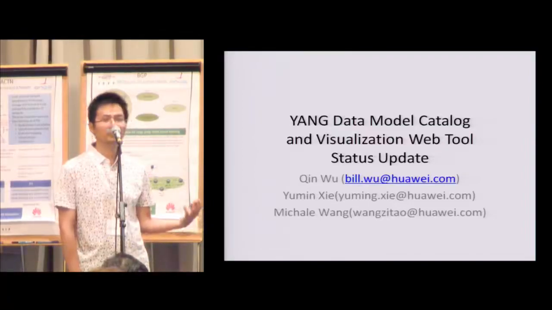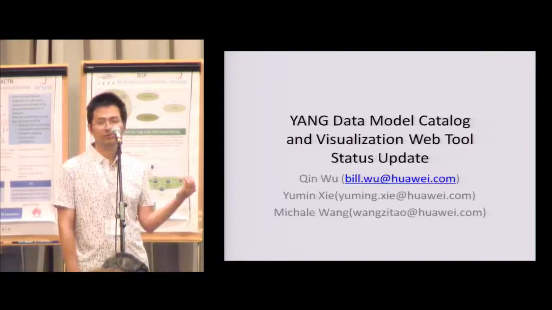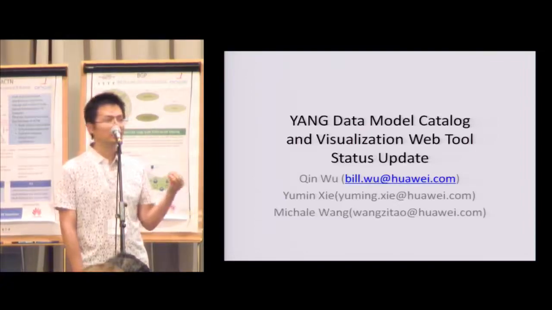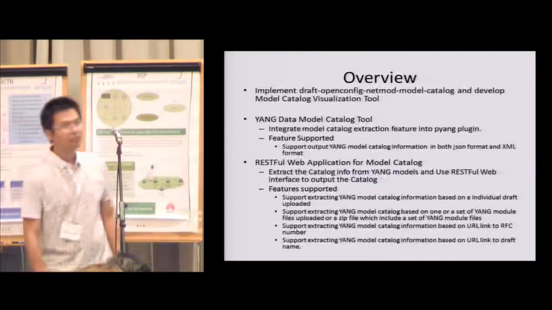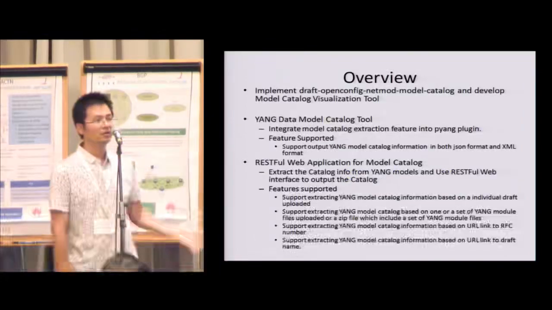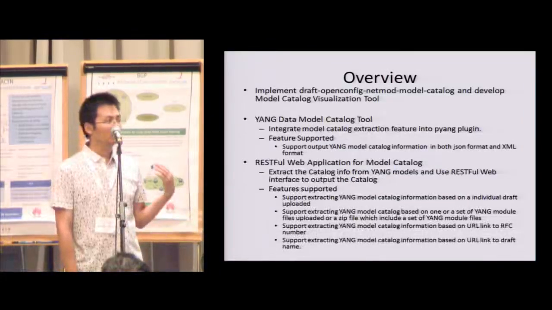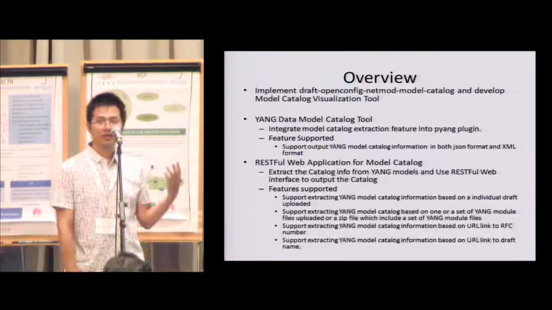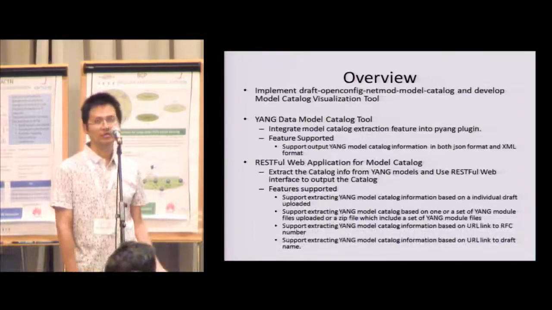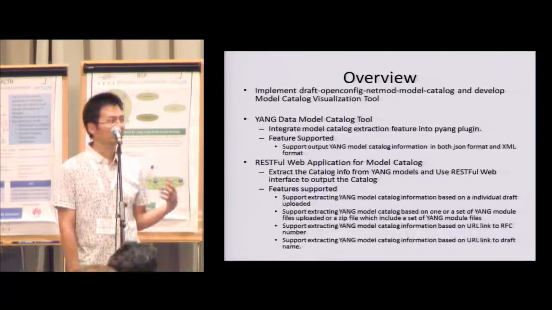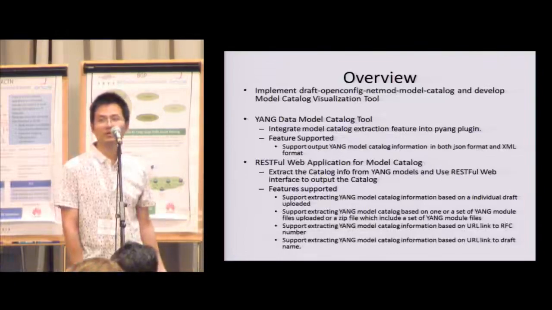This is basic information we can extract from the Yang model. We can figure out how this catalog information can help us link these Yang models together. We extract the catalog information from the Yang model, and we figure out how to visualize this model catalog information. We work with Carl on this project, and for the model catalog, we started from the last Hackathon meeting.